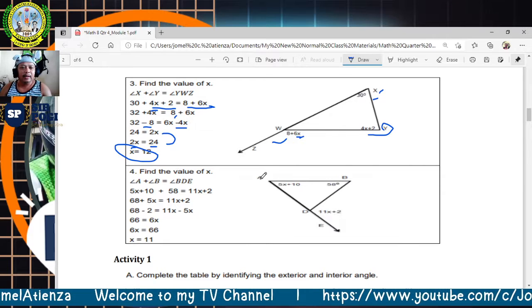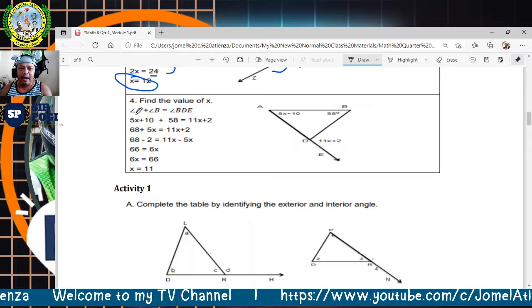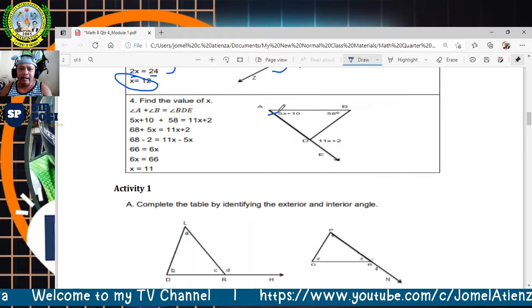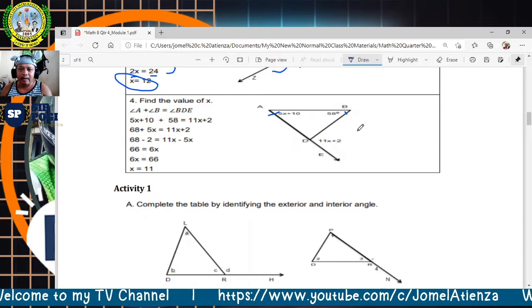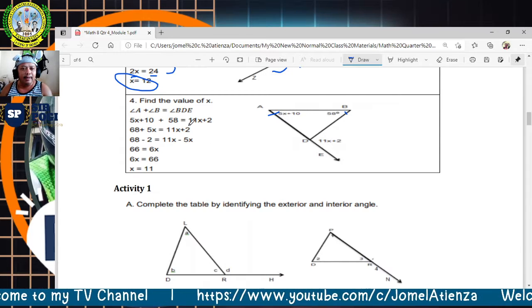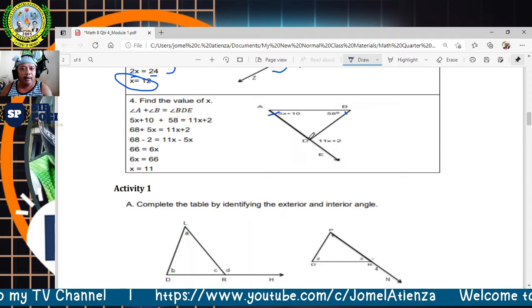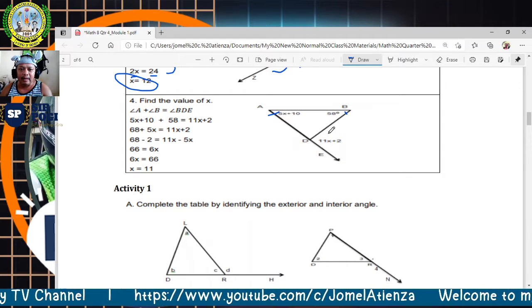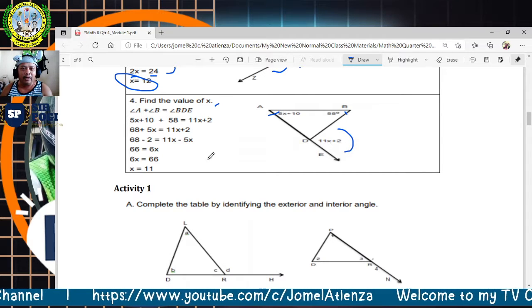Okay? Another one, find the value of x wherein angle A, this is our angle A, plus the measure of angle B, which is 58 degrees, is equal to angle BDE. This is what we are looking for. Okay? So, we are looking for x.